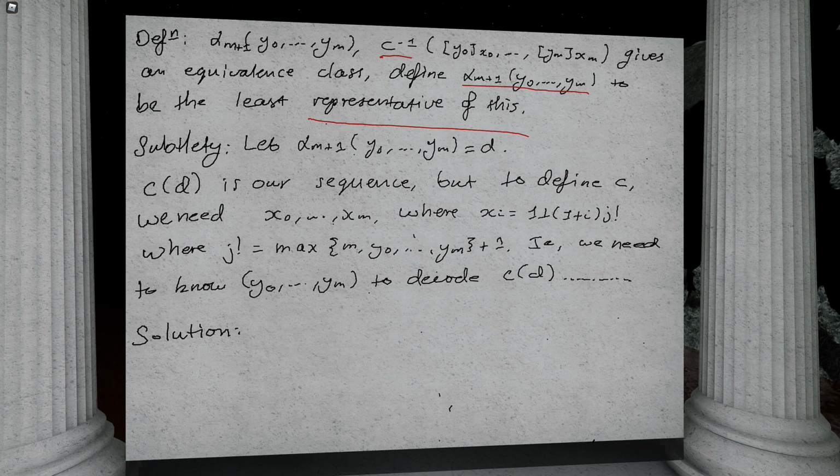If beta had access to the number j factorial, then it would just be able to construct this x naught up to xm without any knowledge of y naught down to ym, and then successfully decode the integer. Okay, so that works, but the problem arises. Now the beta function is going to ask for two integers in order to decode c of d. The two integers are c of d itself and j factorial.